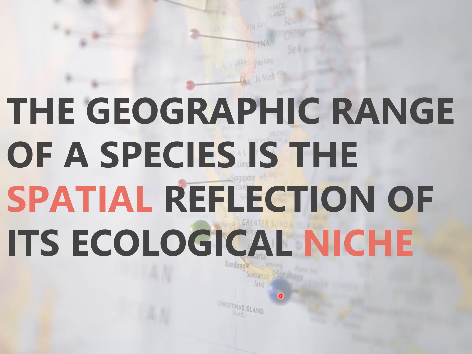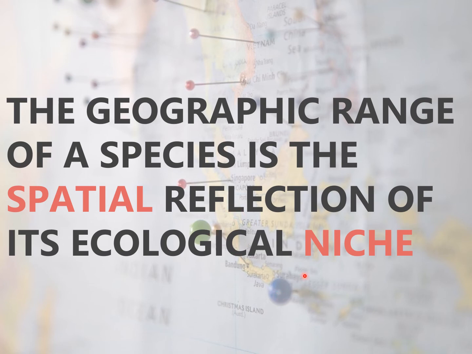And sort of going back to that point that I was making about the fundamental niche and the realized niche not being actual places, the geographic range is an extension or a reflection of the ecological niche. It's the spatial reflection of the ecological niche.